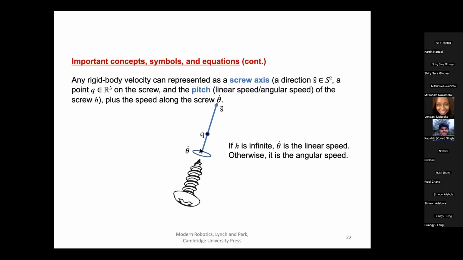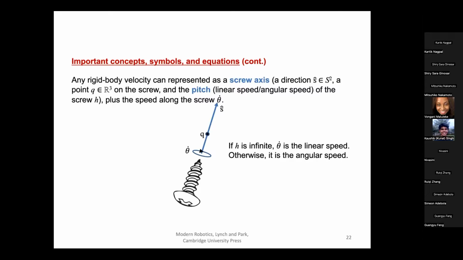The pitch of a screw means how much, in one 2 pi rotation, the tip of the screw moves in terms of actual position. So you rotate by 2 pi, then the screw moves by a certain distance in space. That is called the pitch of the screw.